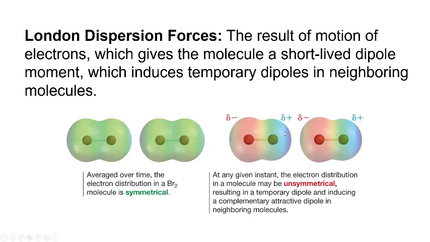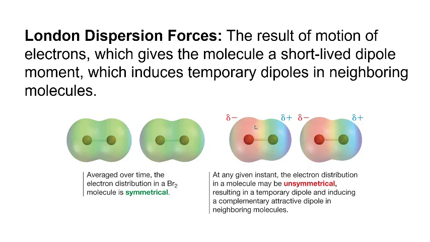So you can see that this London dispersion force would not be as long lasting or persistent as our dipole-dipole interactions observed with polar molecules that have a dipole at all times. This is just a momentary interaction between neighboring molecules that are forming this temporary dipole.